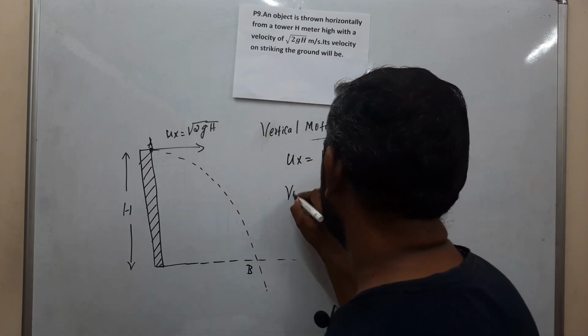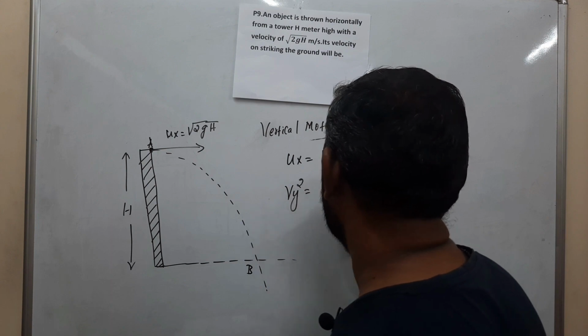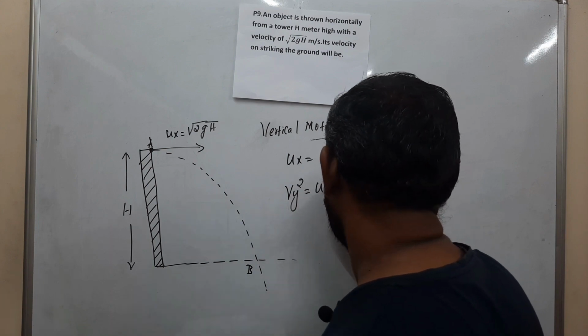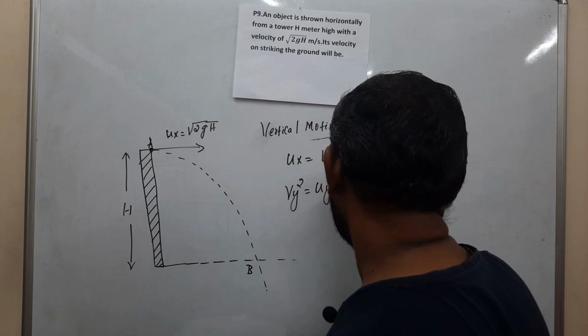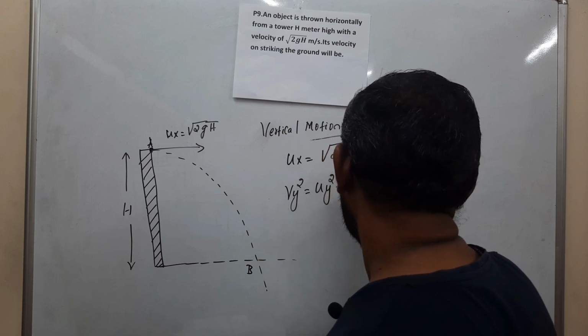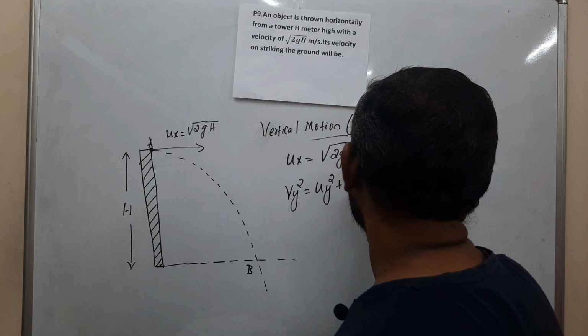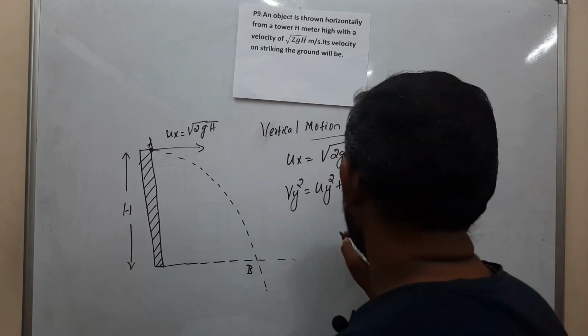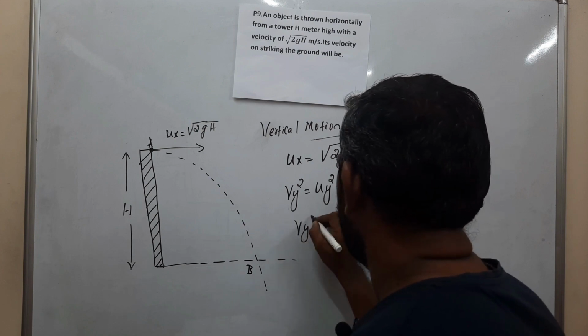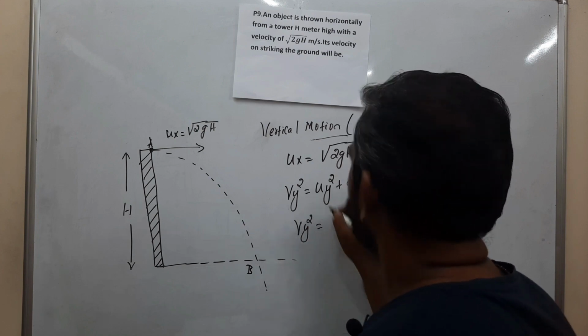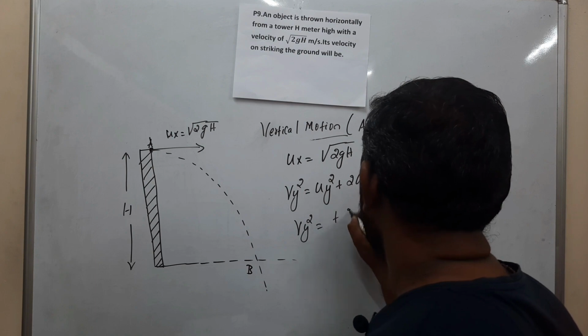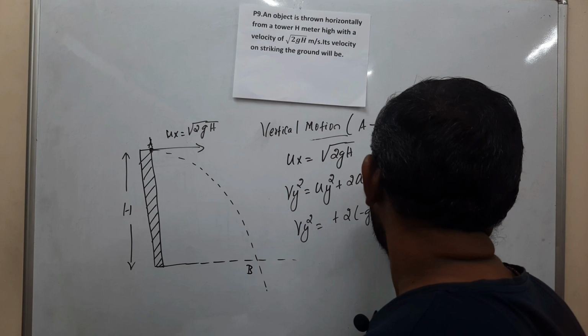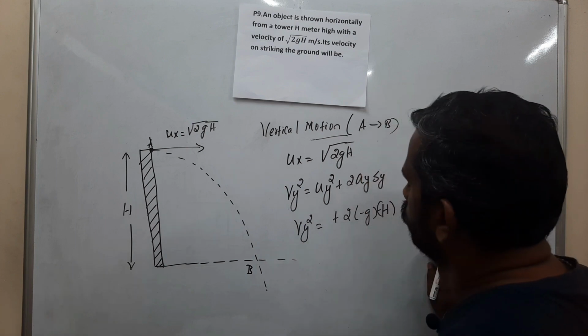So Vy square is equal to uy square plus 2 ay into sy. So Vy square is equal to uy square, that is 0, plus 2 into minus g into minus h.